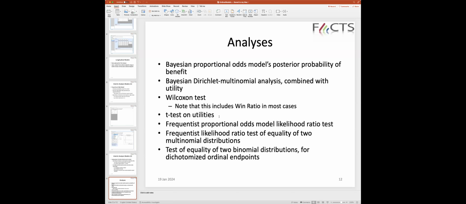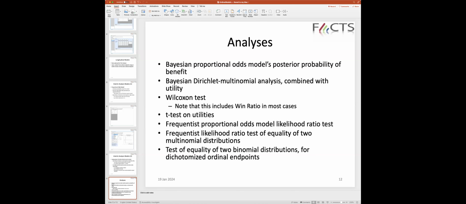We'll also do t-tests on utilities. So that's probably pretty self-explanatory. And we also intend to include likelihood ratio tests based on a frequentist version of the proportional odds model for declaring that an arm is different from control.